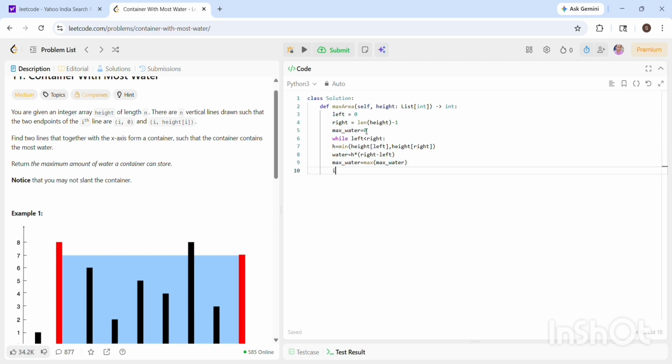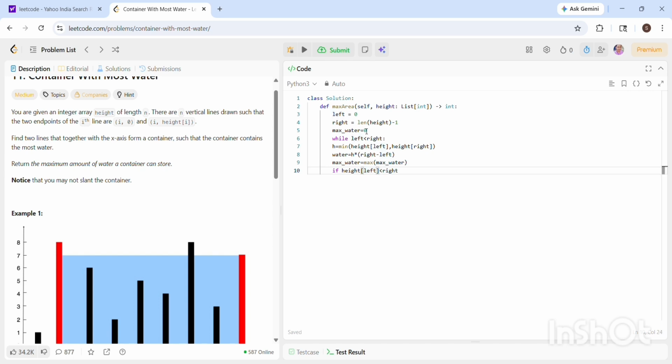Now we move to the strategy: if the condition is true, the two walls are currently holding the water capacity. Using the shorter left wall, we move inward to try to find a taller one. First we declare the left one.